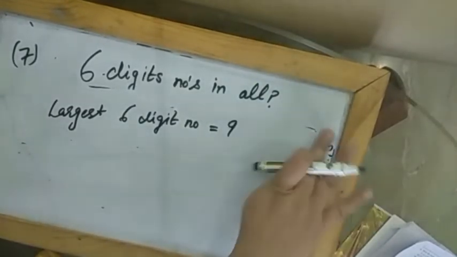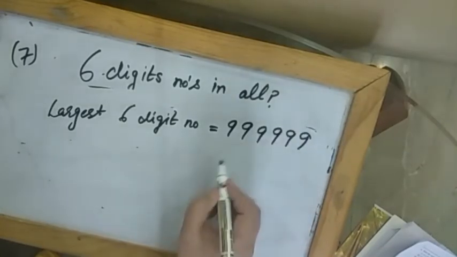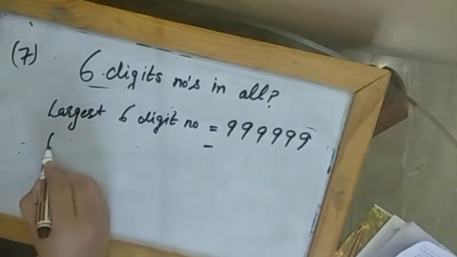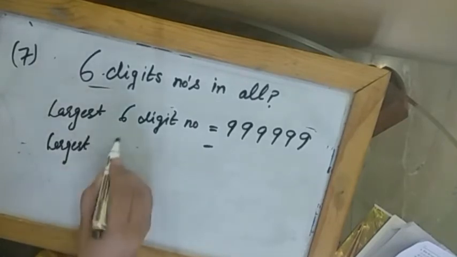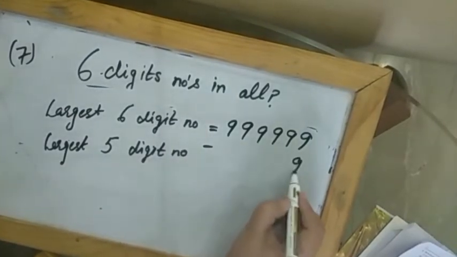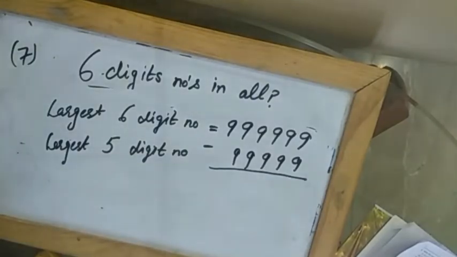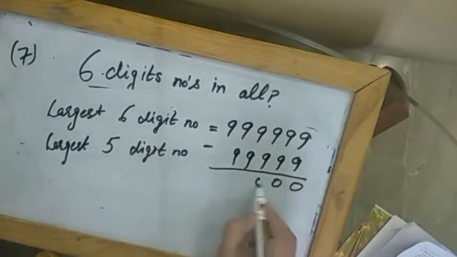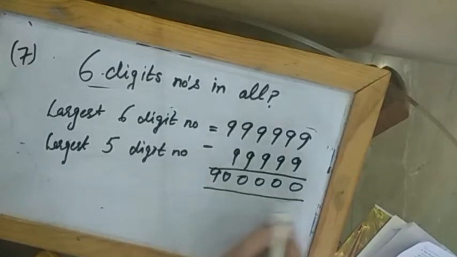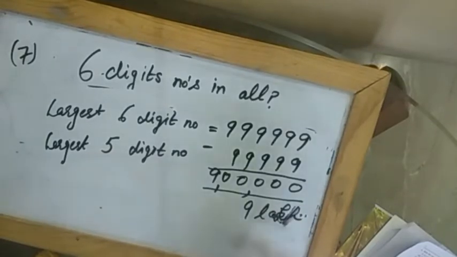I'll write 9 six times, and from this I will subtract the largest 5-digit number, because I don't want the 5-digit numbers. When you subtract, it means there are 9 lakh 6-digit numbers in all.